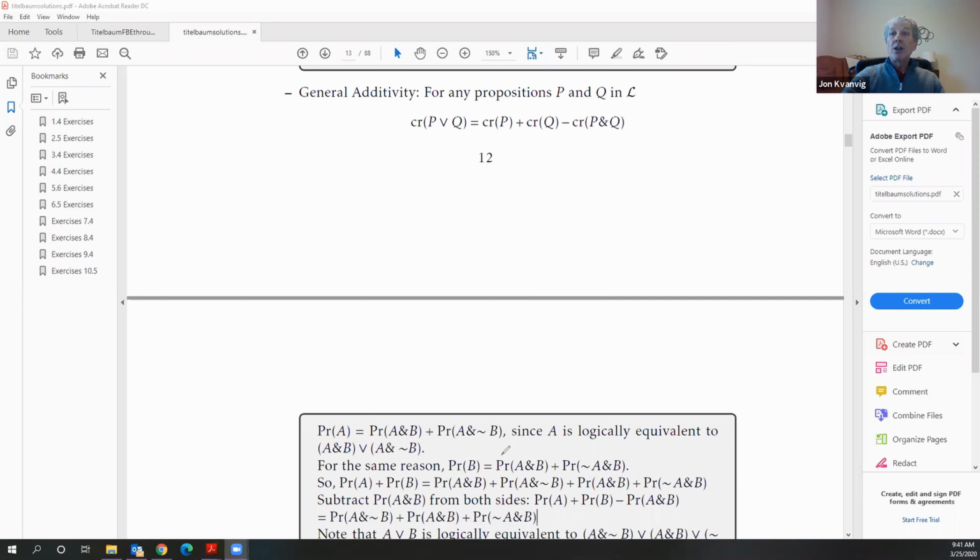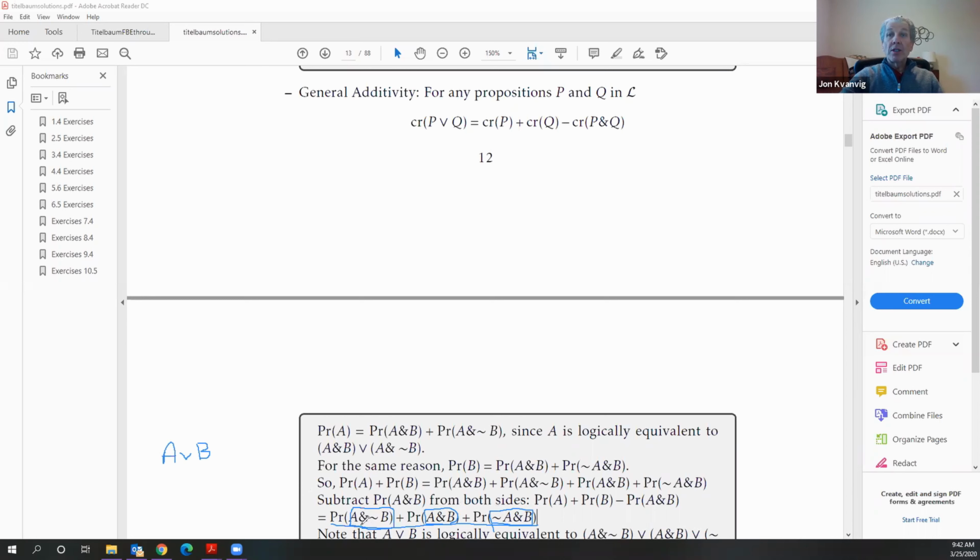What I want you to notice is the disjunctive normal form of A or B is just these three lines on the truth table. There are three ways for A or B to be true, and one way for it to be false. The way for it to be false is for both of them to be false.